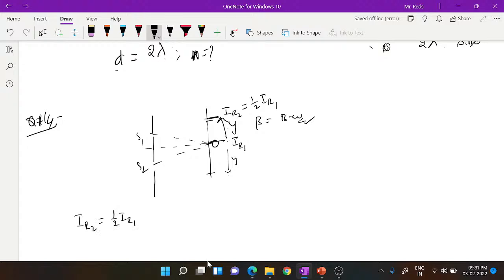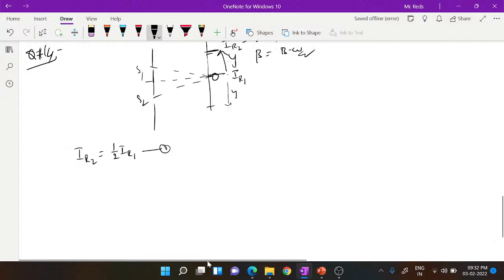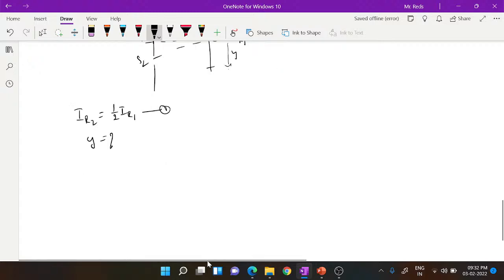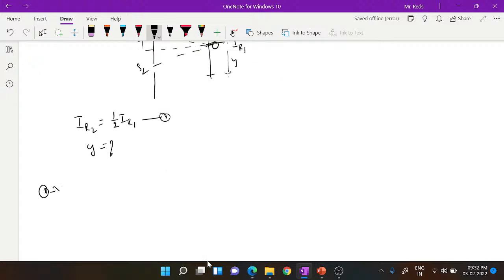Usually IR1, the maximum intensity, is nothing but 4I0. So this is it. Let us keep this as it is and let us simplify further. For this condition, what will be the y you are asked to find? So from equation 1 you can express IR2 as 4I0 into cos square phi by 2.